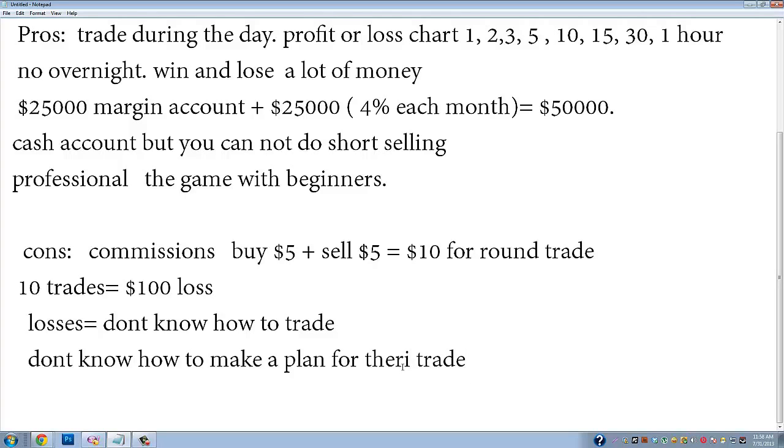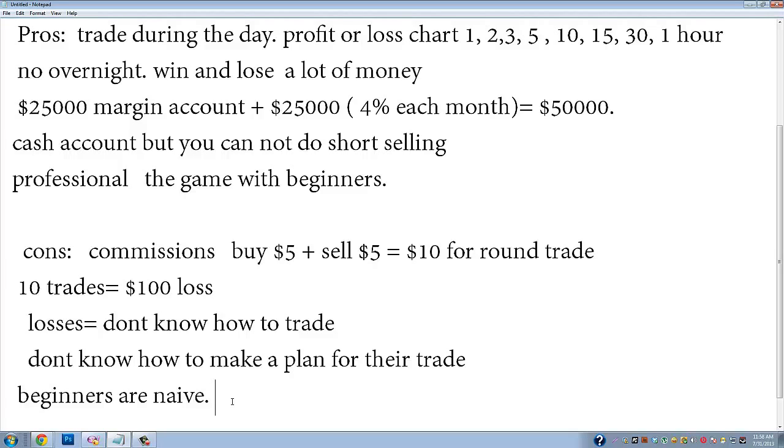Some people, some beginners, are just naive. People tell them, you just have some money, you buy here, you sell here, you will have money. Okay, $100, $200, $1,000.